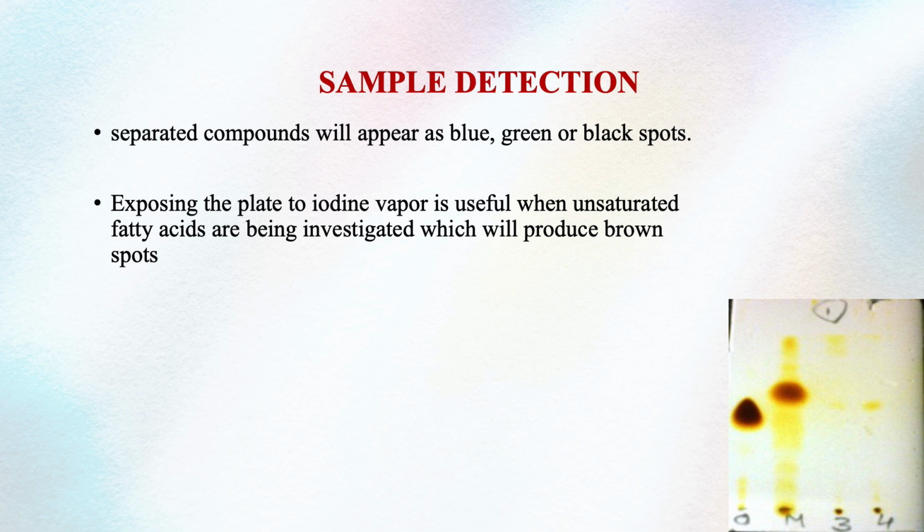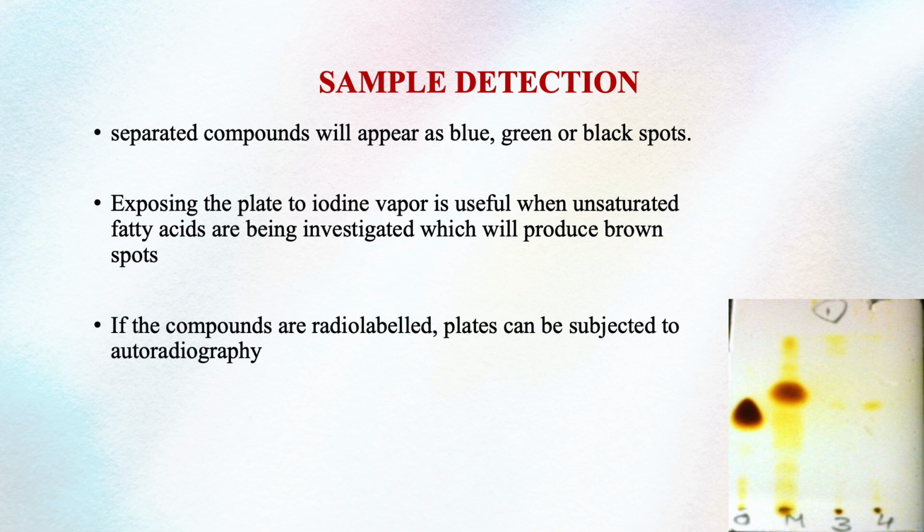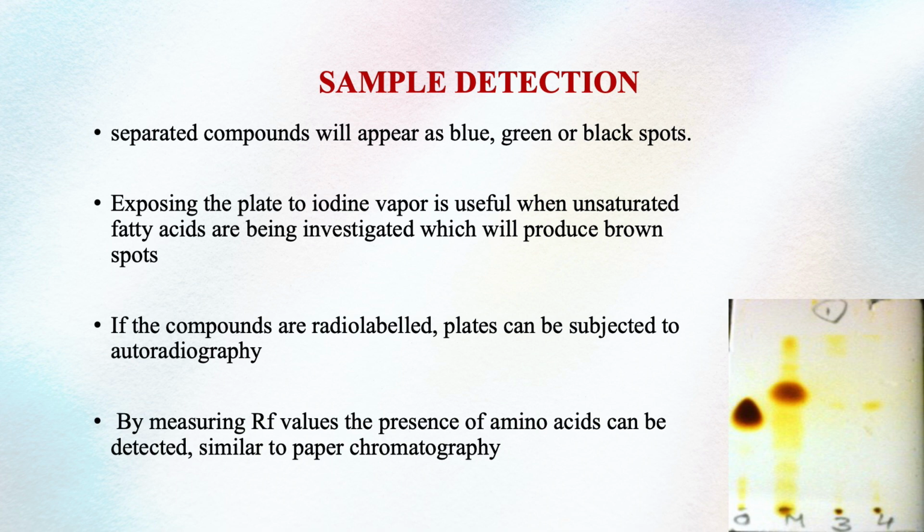Similarly, if you are using any radiolabeled compounds, then we need to expose this TLC plate to autoradiography. Here also we can apply the same Rf value formula to obtain the Rf values for different amino acids for their easy and accurate detection.